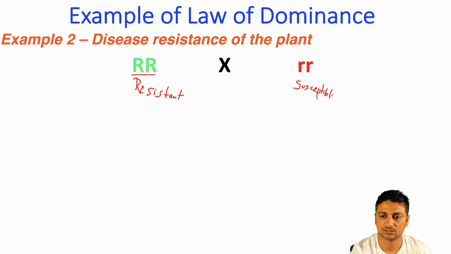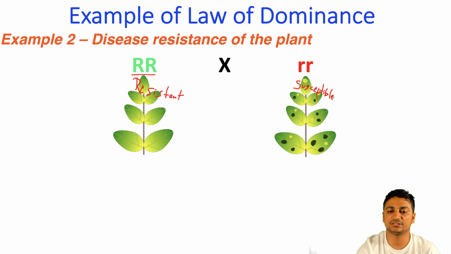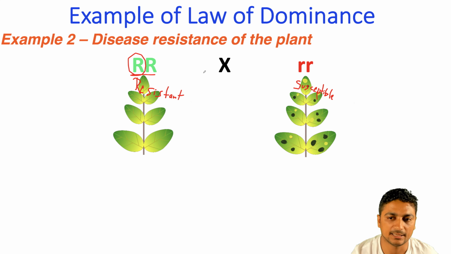So this is susceptible plant. So if we cross capital R and small r, then the progeny is going to be capital R and small r. So here R is a dominant trait and small r, it is a recessive trait.